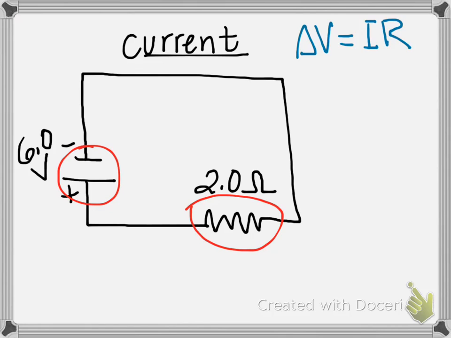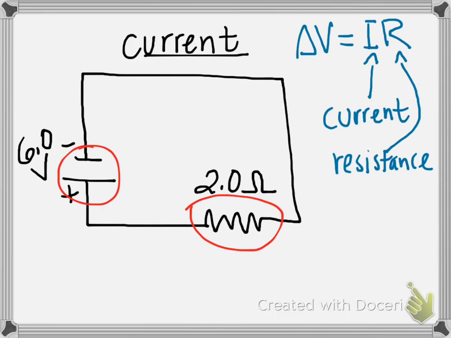This relationship is given by the equation delta V, the change in potential, is equal to IR. In this equation, I represents current and R represents resistance. A fun and easy mnemonic to remember this equation is: twinkle twinkle little star, V is equal to IR.